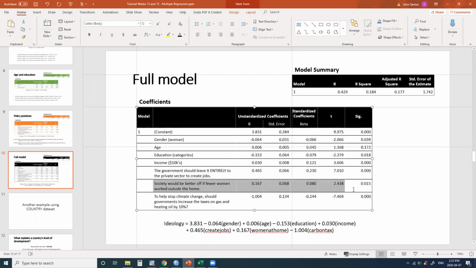So even this social conservatism question, even though the effect is quite meaningful, if we had set a significance threshold of 0.01, 0.015 is larger than 0.01. So we would conclude that this is not statistically significant, or we can't be that confident that this average effect that we've measured is actually greater than 0.